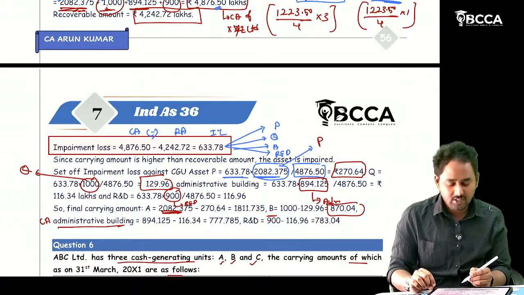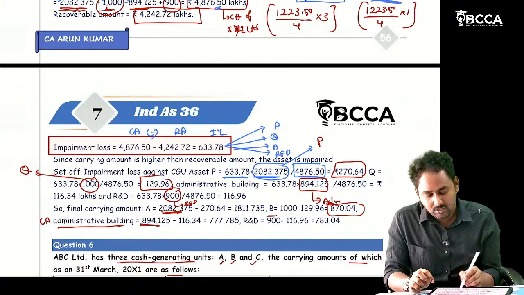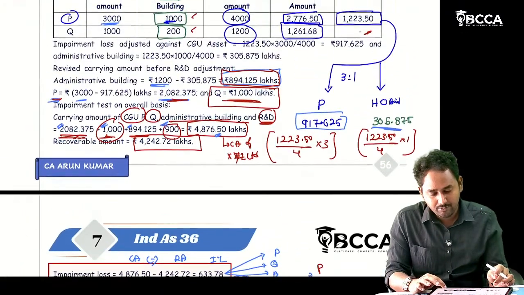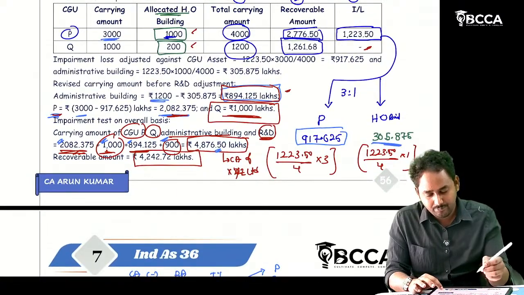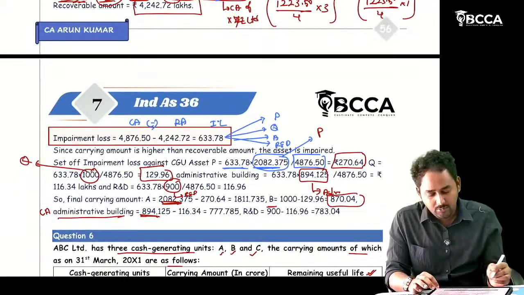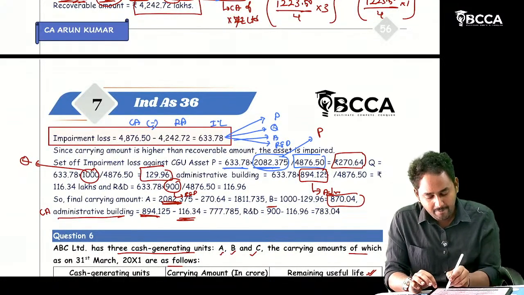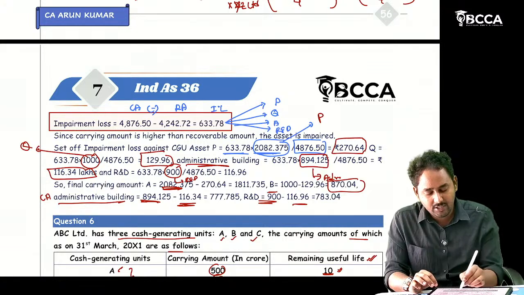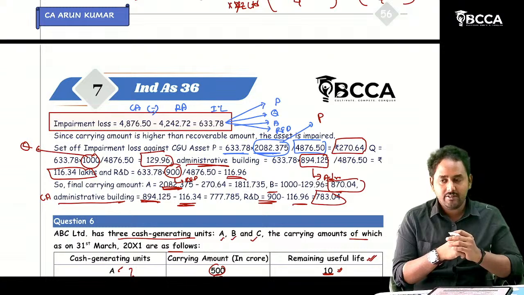After step 2, the opening is 894.125 minus impairment loss 116.34, the impairment loss of the administrative building. For R&D, 900 minus impairment loss of 116.96, then you get 783.04.